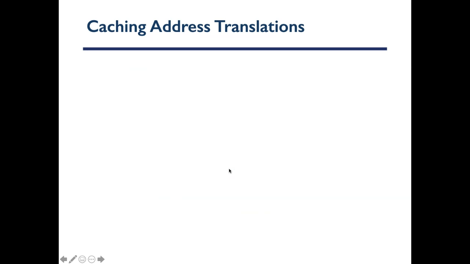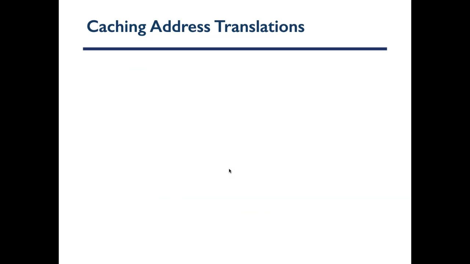Now we said all of this for one specific purpose. Just to remind you, we were talking about address translation, virtual to physical address translation. And if you remember the last slide in address translation, we talked about how expensive it is sometimes to do the address translation.